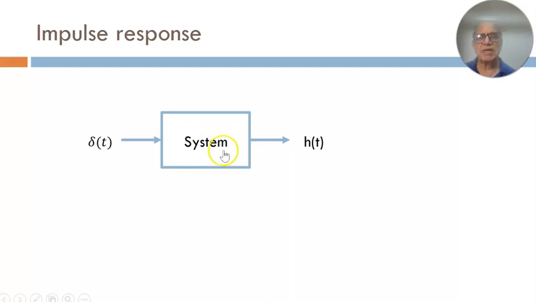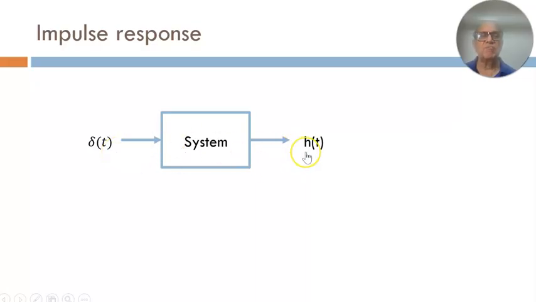So it can be described by a differential equation. So if delta(t) is the input to the system, by the theory of differential equations, you can solve the differential equation and the solution will be the output. So h(t) is the symbol that is used typically in most of the signals and systems books to denote that this is the output when the input is a unit impulse.